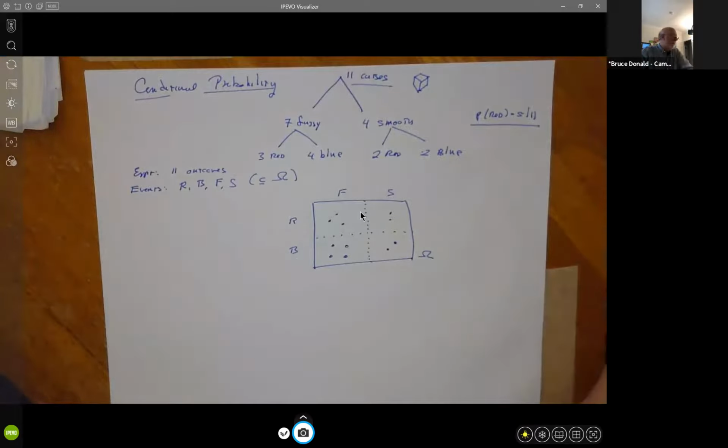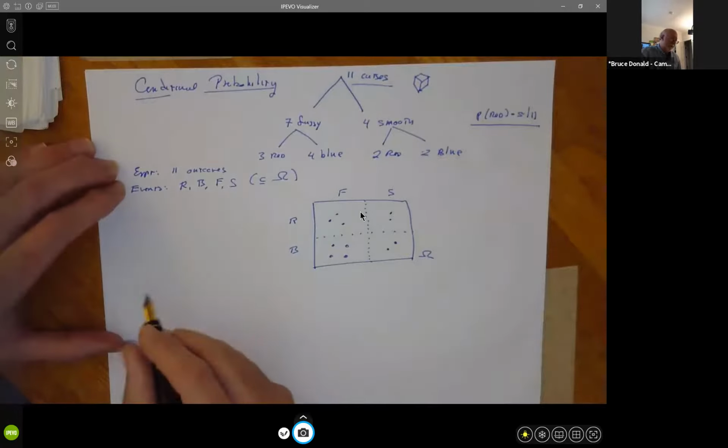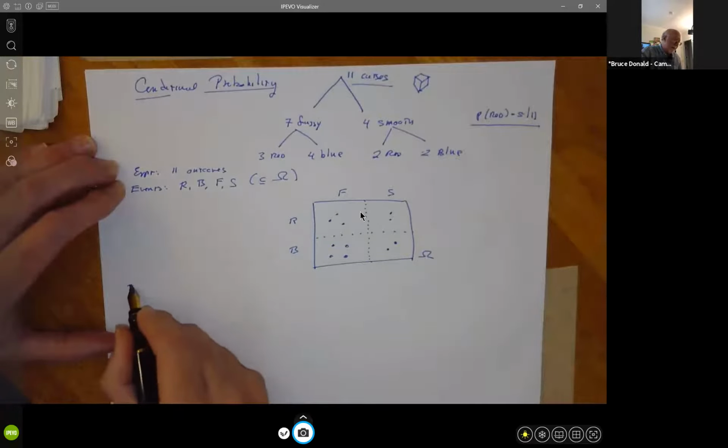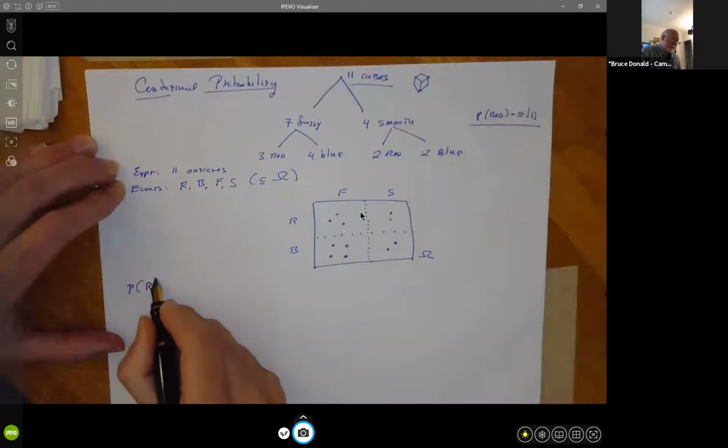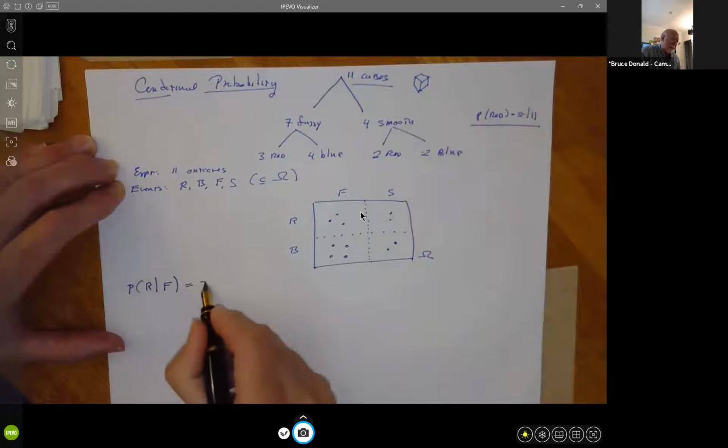Now, in our experiment, we reached into the bag and we got a fuzzy cube. We need a notation for this. We need a way of calculating. This is called conditional probability. So for the probability of getting a red cube conditional upon its being fuzzy, we write a new notation. What we're going to do is we're going to write the probability of getting a red cube given that it's fuzzy equals 3/7.